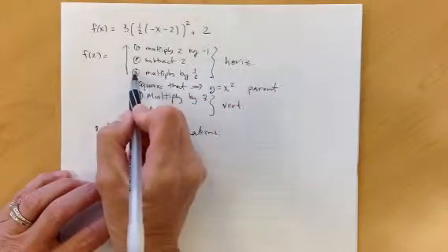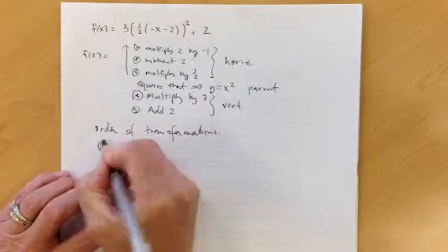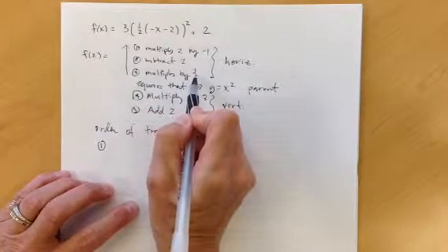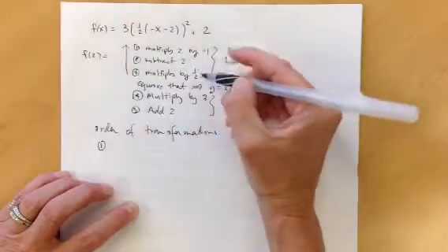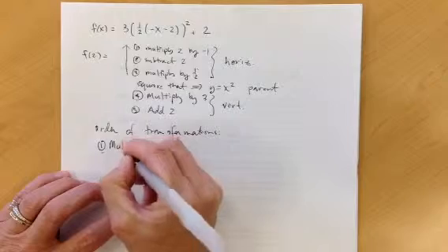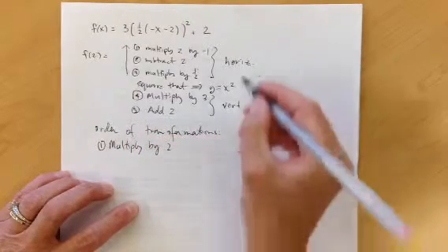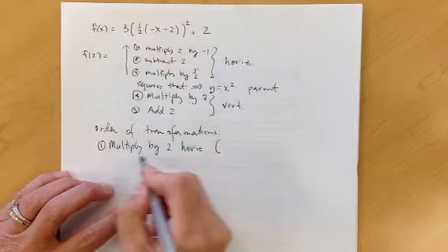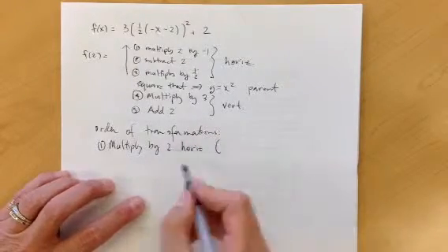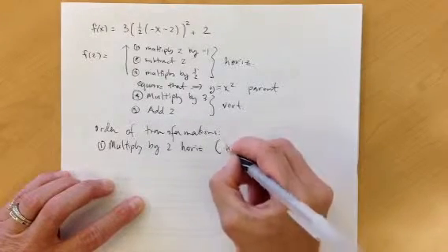So first, multiply by 1/2, that gives our first transformation, but instead of multiplying by 1/2 horizontally, we're going to multiply by the reciprocal of that, or 2. And that's happening horizontally. Multiplying by 2 horizontally is going to yield a horizontal stretch by 2.